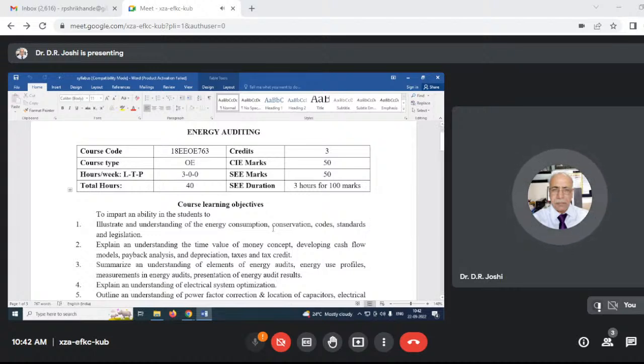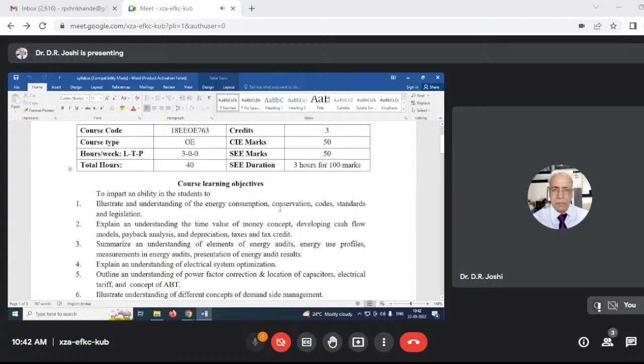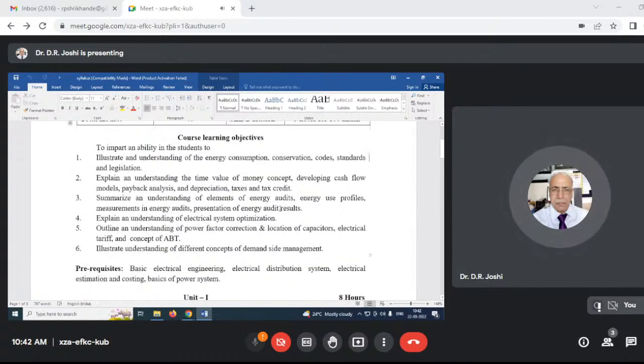Here you can see that this open elective is for 3 hours per week, and the total number of hours is 40.